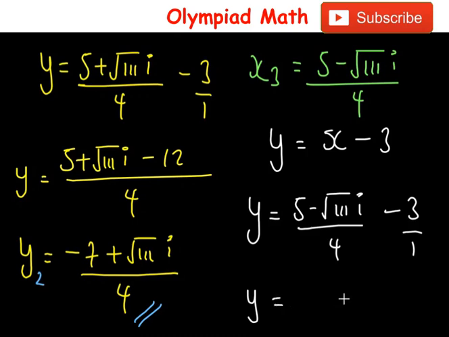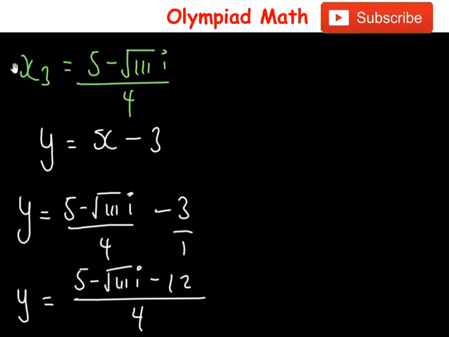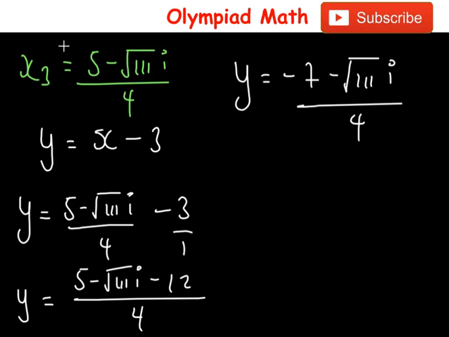Then y is equal to, the LCM of 4 and 1 is 4. 4 divided by 4 is 1, 1 times this, 5 minus root 111i. Then 4 times 3 is 12. And from here, we have the solution of y. y is equal to 5 minus 12, which is minus 7, then minus root 111i divided by 4. And with this, we have the third solution for the value of y.